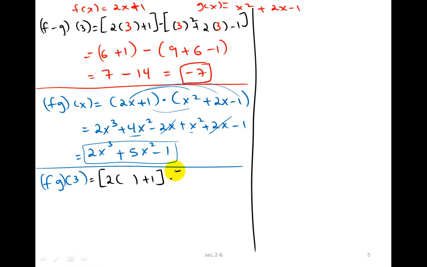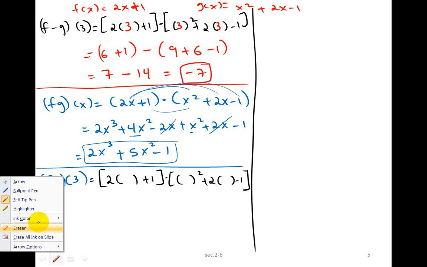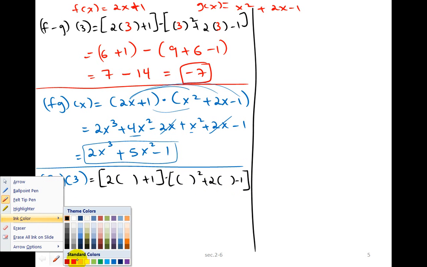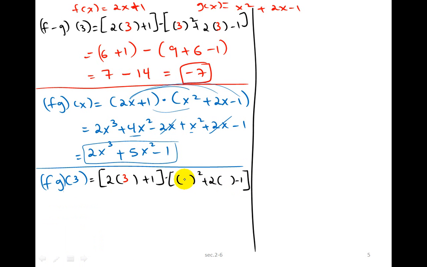Instead of x, I'm going to leave space, so that I'm going to write 3 inside this space. So here I replaced the spaces of x by 3's.